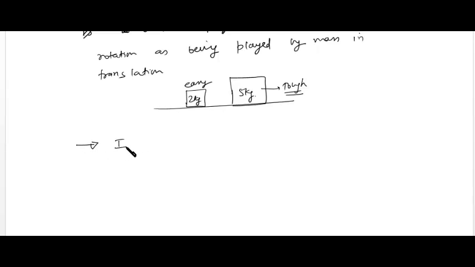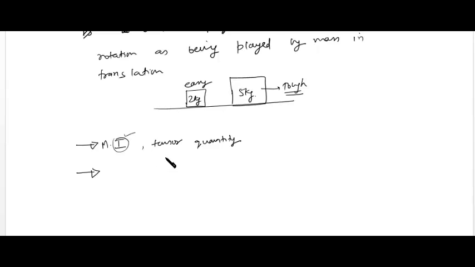Moment of inertia is generally represented by the symbol I. It's a tensor quantity. Tensor quantities have properties that lie between vector and scalar, but we are not much bothered about these.